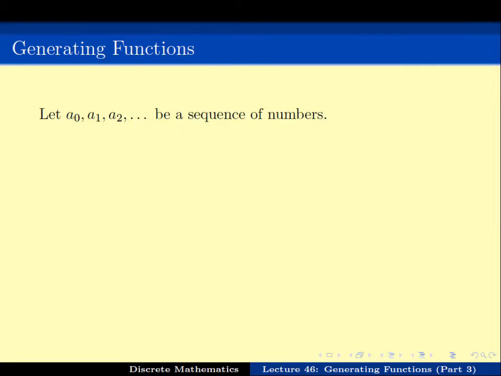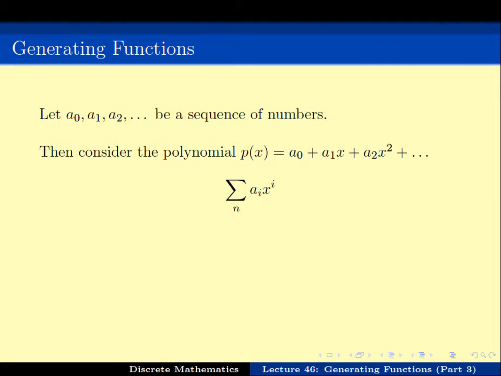To start with, we looked at this new technique called generating functions. The main idea is that if you have a sequence of numbers a0, a1 till infinity, you first represent this sequence of numbers as an infinite polynomial, which we sometimes call a power series, where p of x is a0 plus a1x plus a2x squared plus it goes on, or in other words, summation of an x power n.